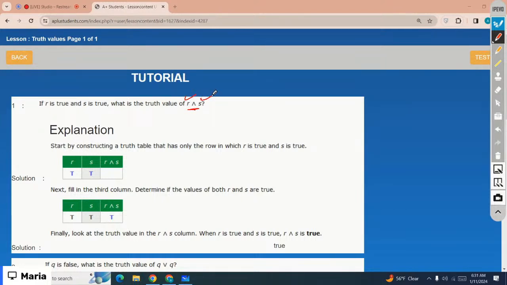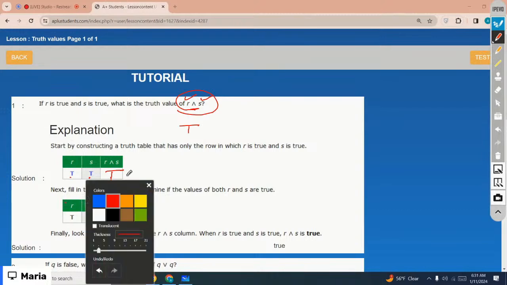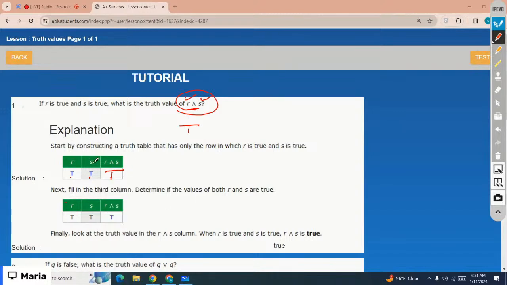If this is true, this is true, the answer of this condition is true, right? So you can see here true, true. The third column is also true, right? If R is true and S is true, so R and S is also true, right?